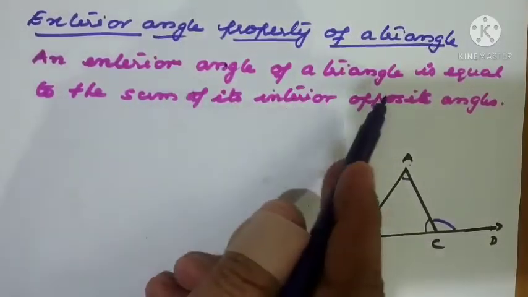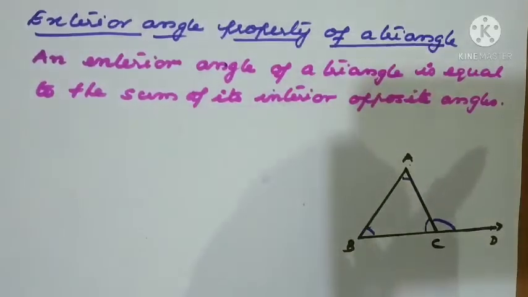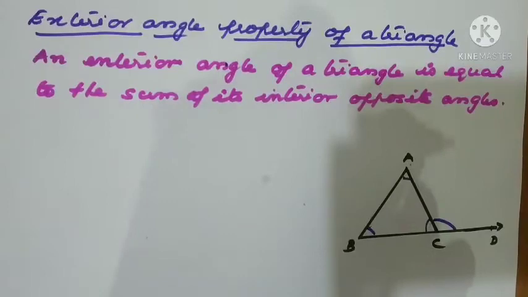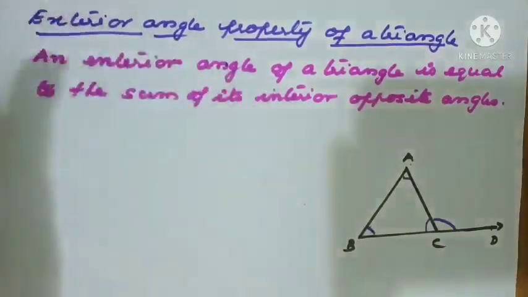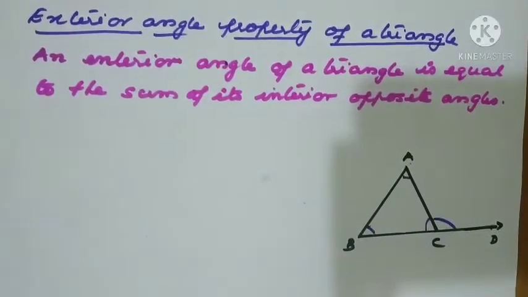An exterior angle of the triangle is equal to the sum of its opposite interior angles. So here we are going to learn about a theorem now. It is called a geometry theorem. Geometrical theorem, when we are writing, it has certain steps. When we are stating the theorem or proving the theorem, what are the steps we require?